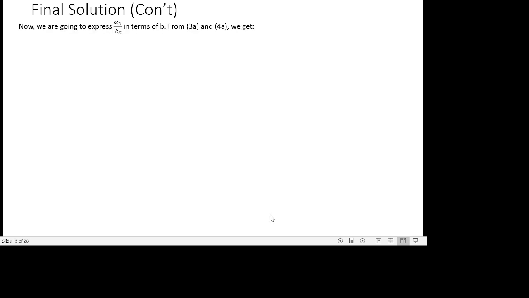And similarly, we are going to express alpha 2 divided by kx. Again, we are going to use the formula for alpha 2, which is this one, square root of a very complicated expression, and for the bottom, the formula for kx is this one.